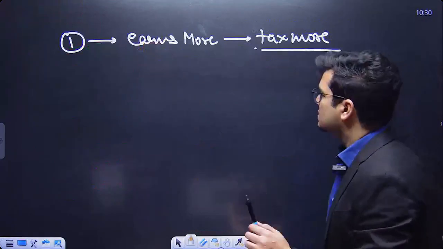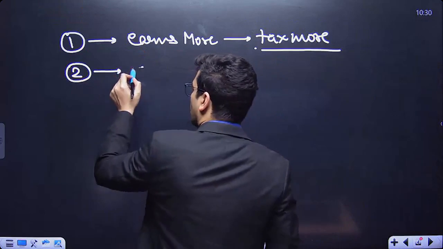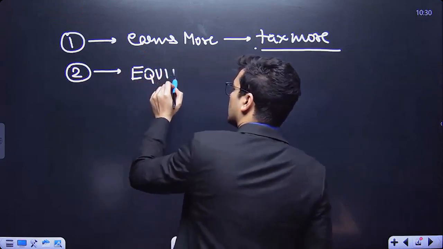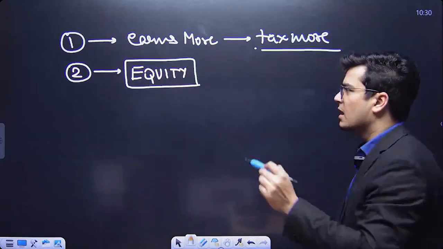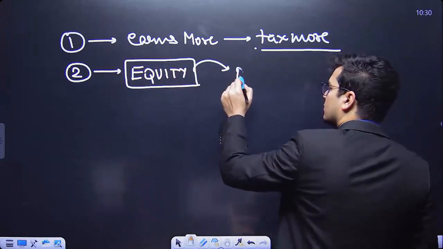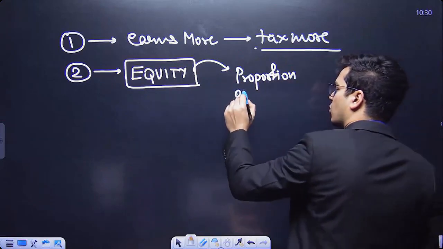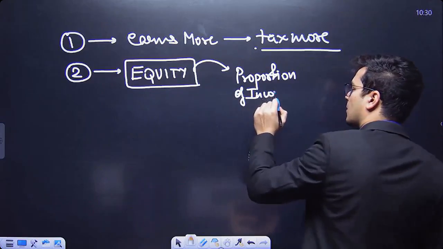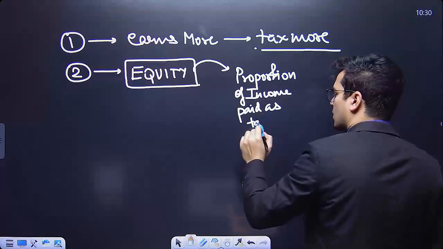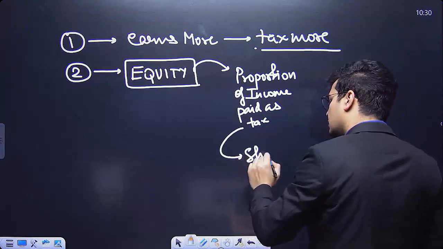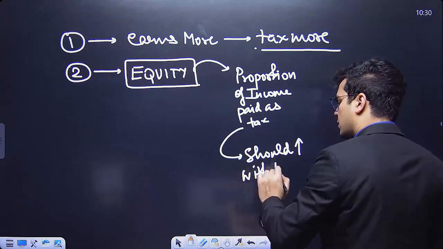Second thing that we have to understand is, for the purposes of equity in the distribution of income, ideally the proportion of income paid as tax should increase with increase in income.